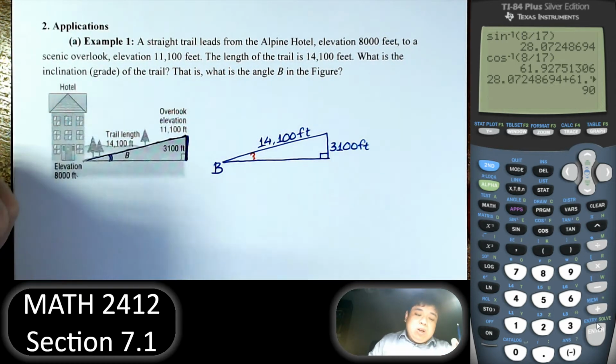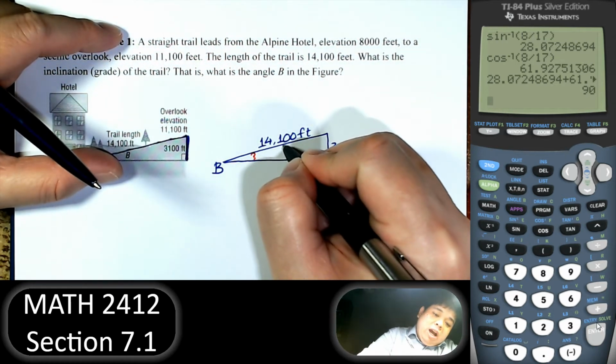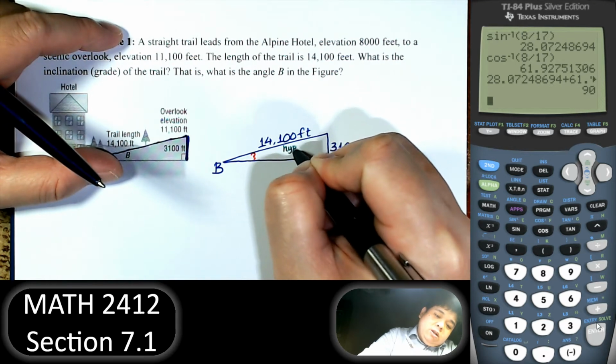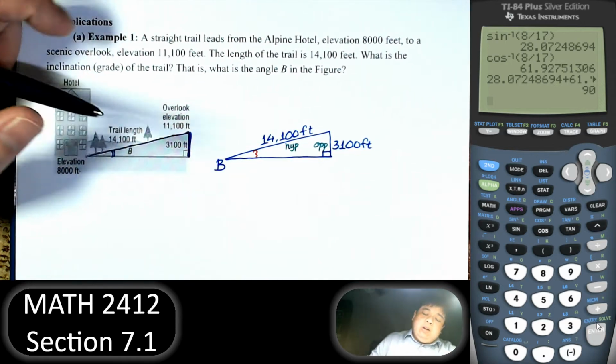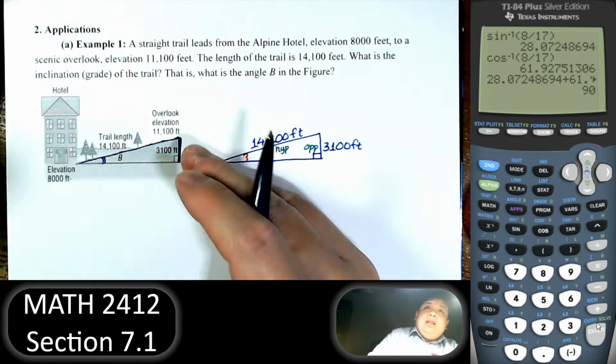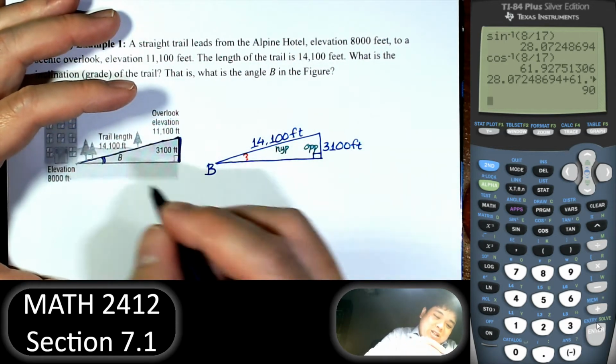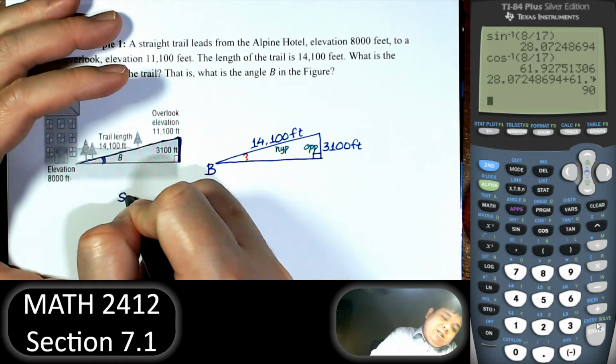So with respect to angle B, the hypotenuse is that, and the opposite is 3,100. So opposite and hypotenuse, what ratio is that? It must be sine, right?